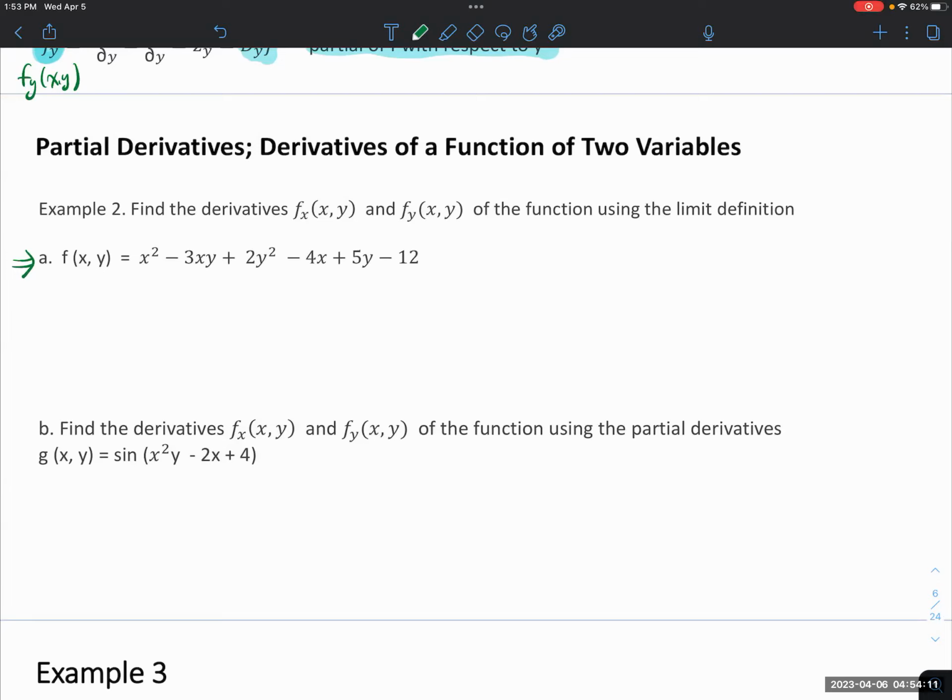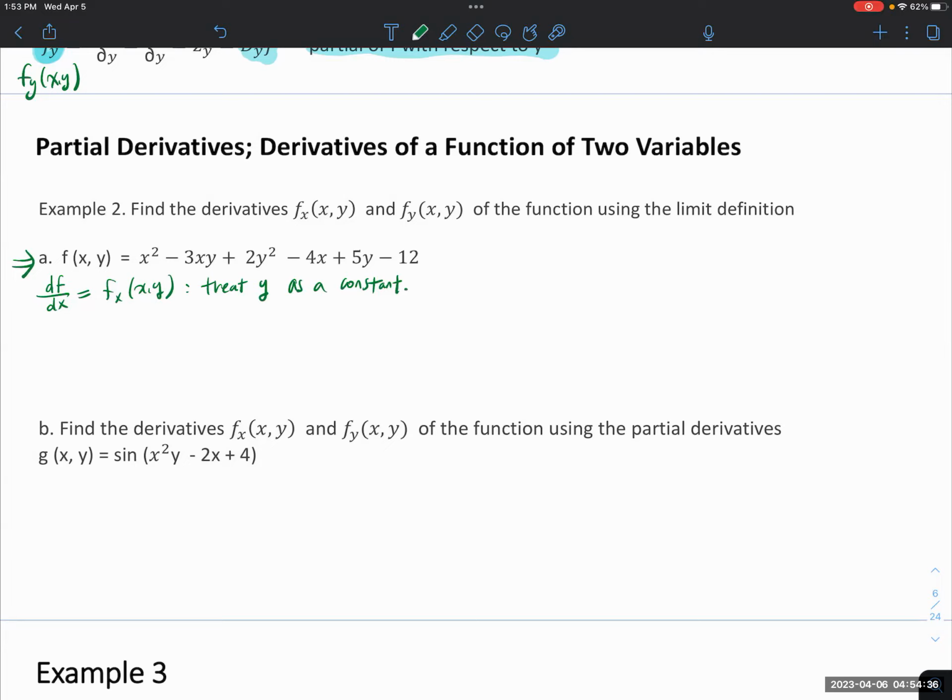We're going to calculate df over dx, so that means f sub x, x comma y. Are you following? We are taking the partial derivative with respect to the x variable, and treating y as a constant.